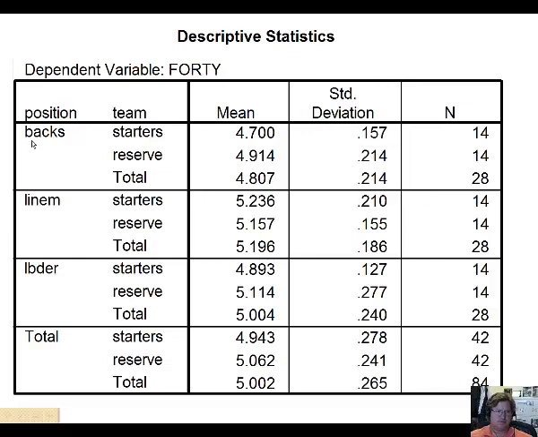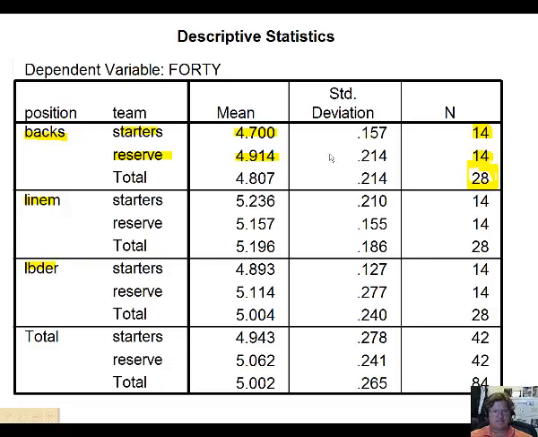Okay, so you can see for the different positions it's broken down starter versus reserve. So you can see for the 14, N is a number, starters who were backs, that for those 14 the average 40-yard sprint time was 4.7 seconds. For the reserves it was 4.914 seconds for the 14, and there were 28 total in those two groups.